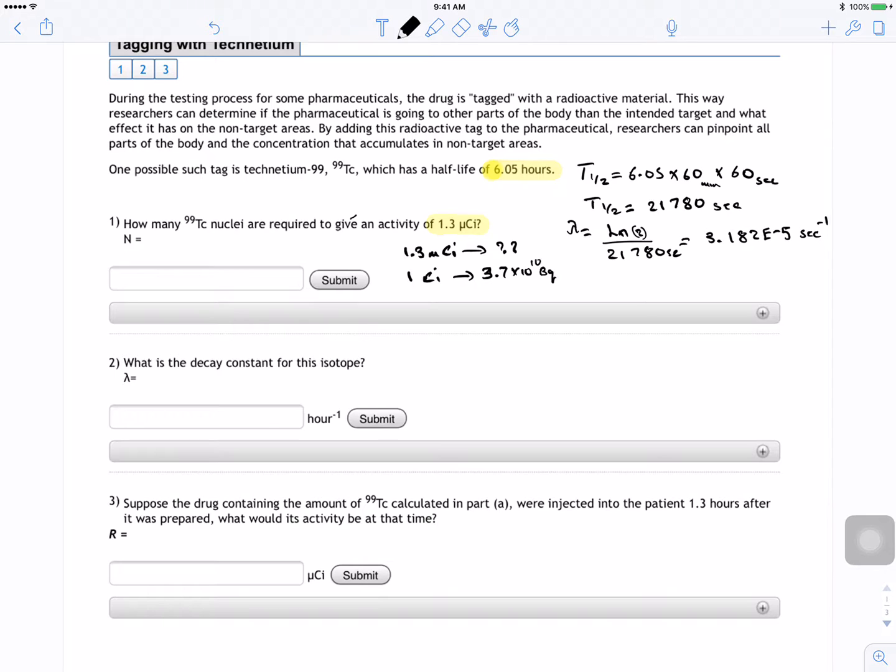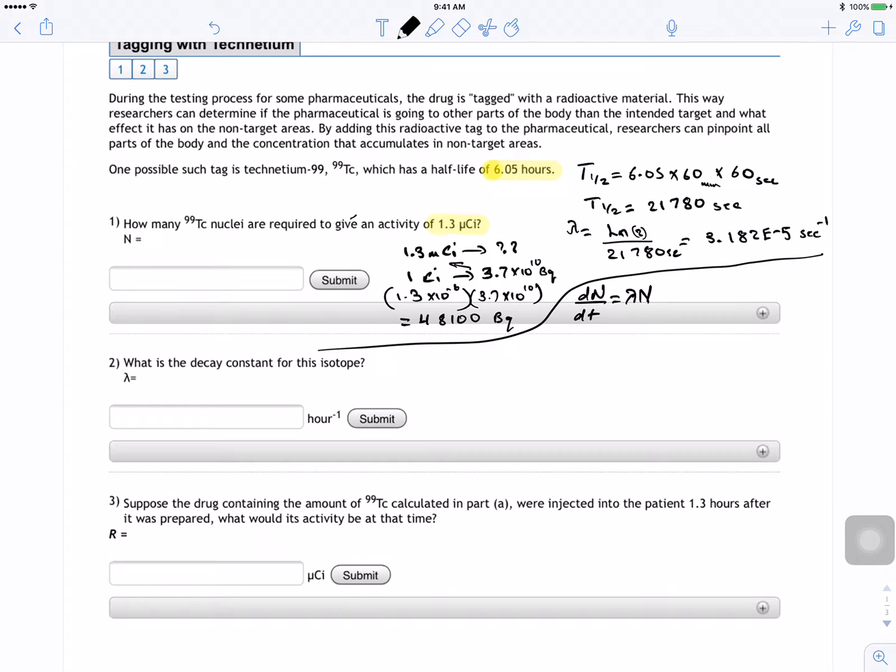Okay, so from that we multiply by each other. So 1.3 times 10 to the negative 6 times 3.7 times 10 to the 10. Okay, so for this guy I got 48,100 BQ.